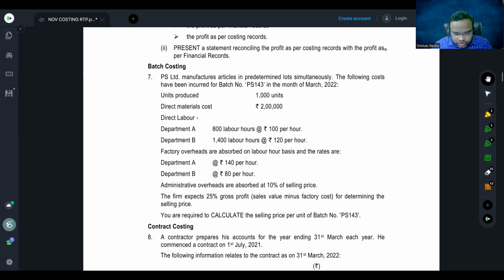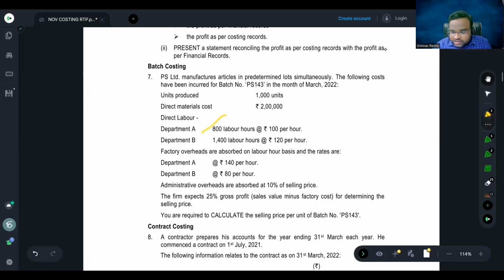Department B, 1400 labor hours at 120 per hour. Factory overheads are absorbed on labor hour basis and the rates are Department A 140 per hour, Department B 80 per hour. So it is 800 hours into 140 and 1400 hours into 80 per hour.